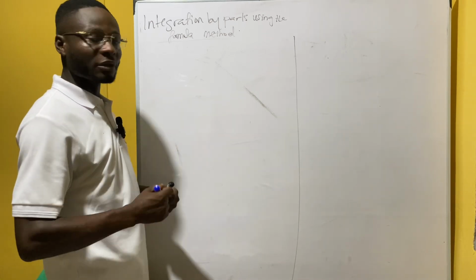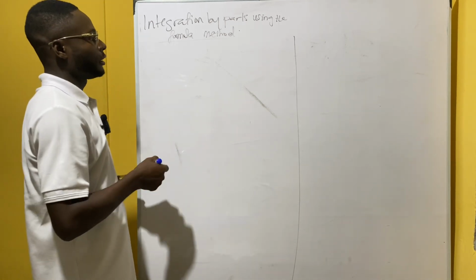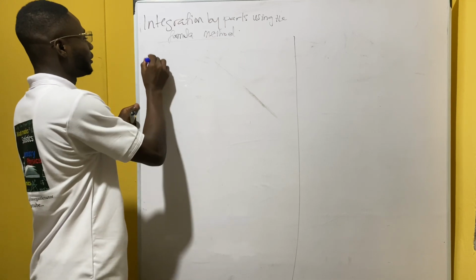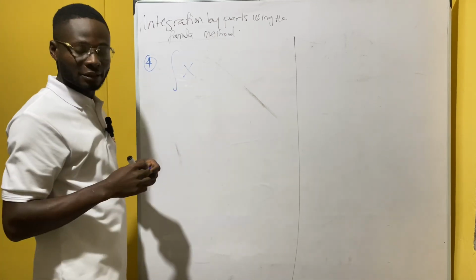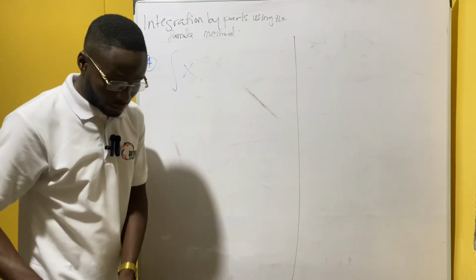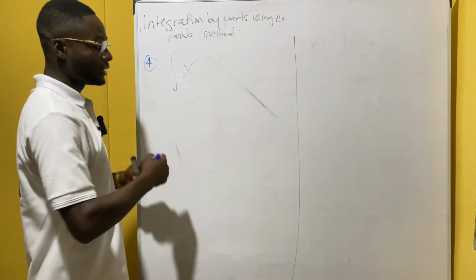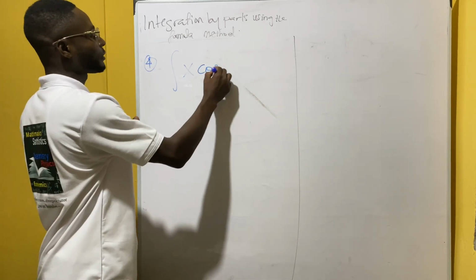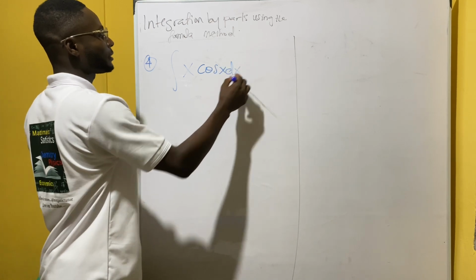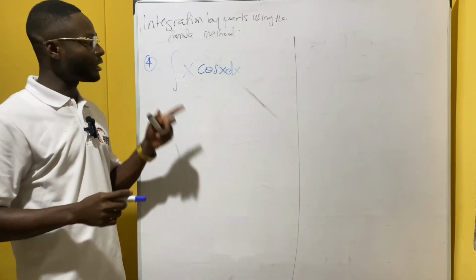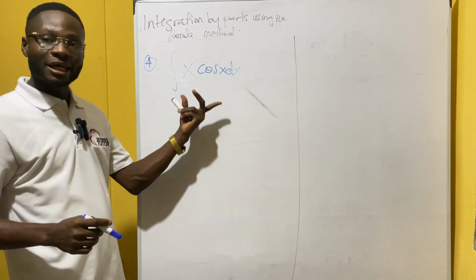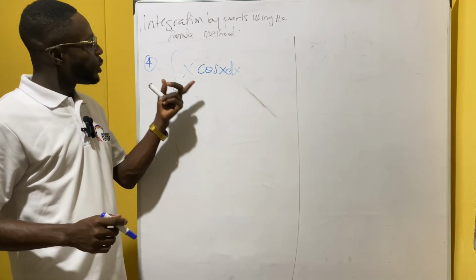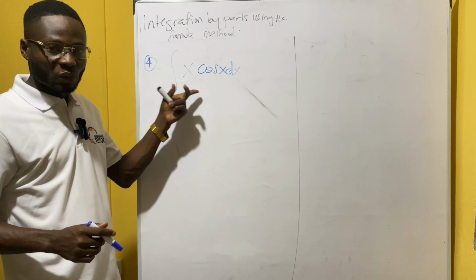So our fourth problem is going to be the integral of x cos x dx. That is our fourth problem right here. So looking at the rules that we learned, we have to let our x equal u, right?